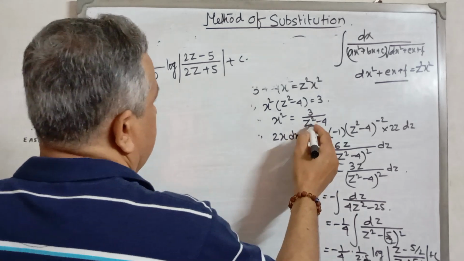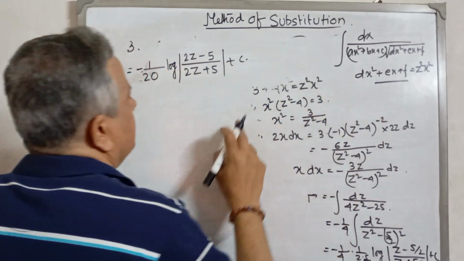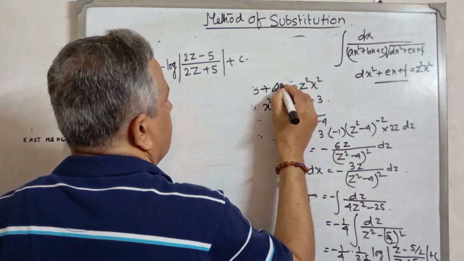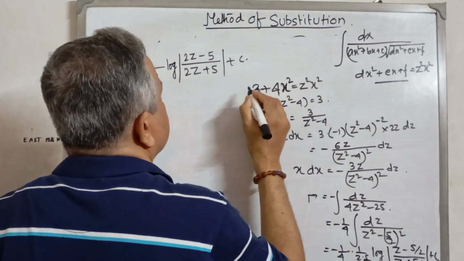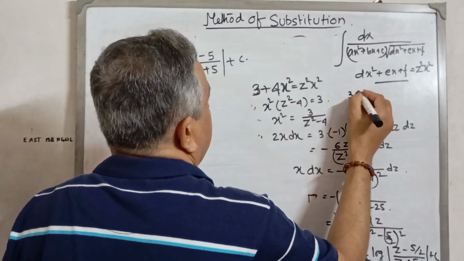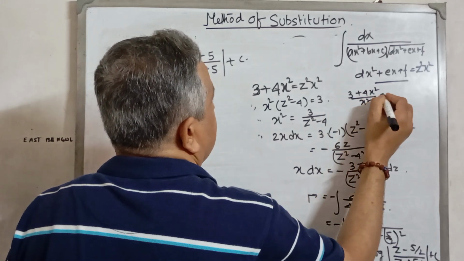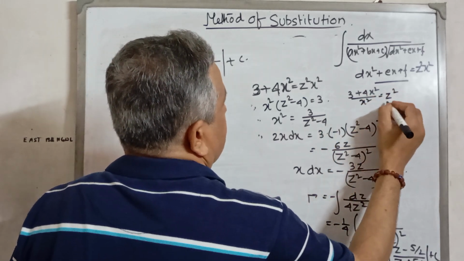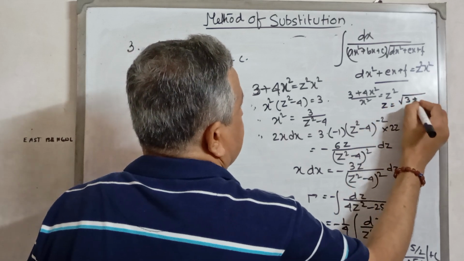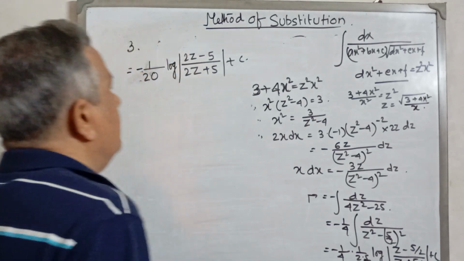Now from here we have z equal to 3 plus 4x square by x square is equal to z square. So z is root over 3 plus 4x square by x. Put it here.